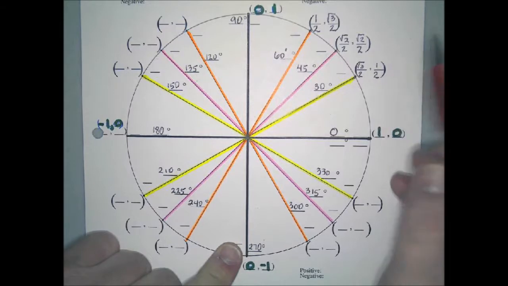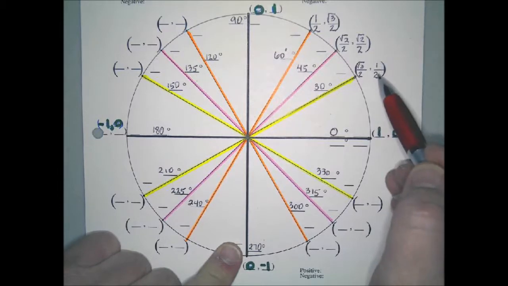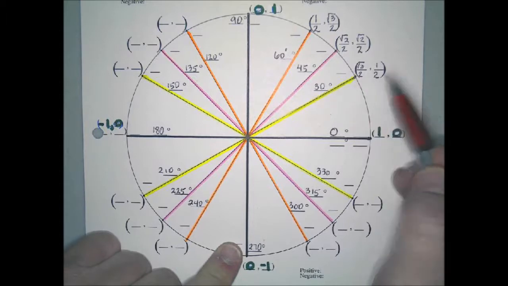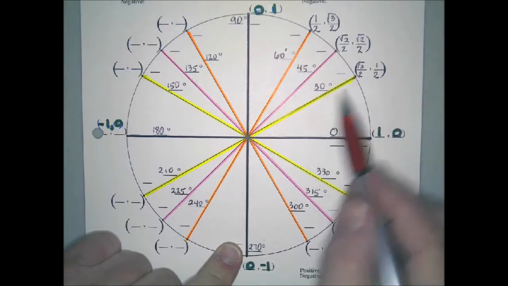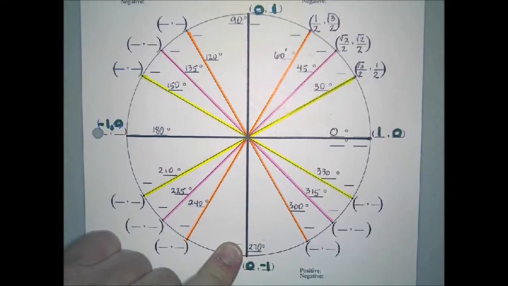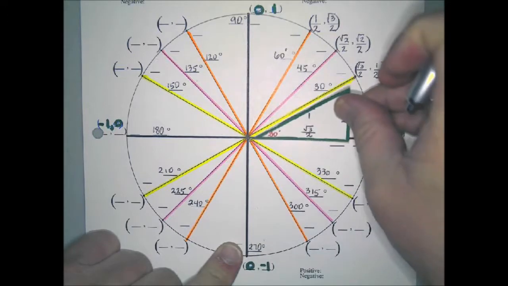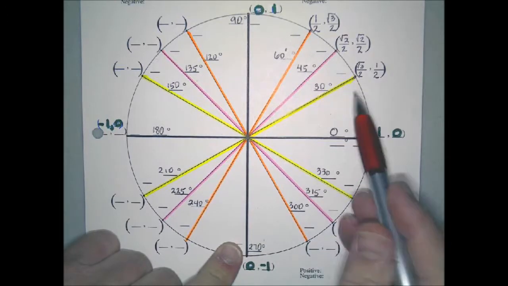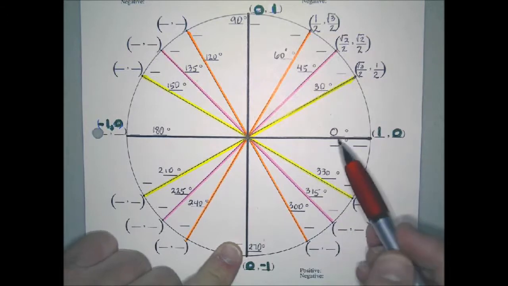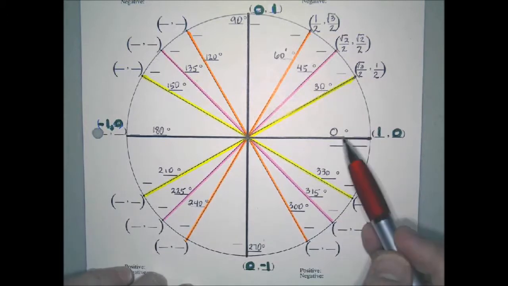Now, you notice I've only done those ordered pairs for quadrant 1. Well, let's go back to the 30 degrees right here. Think of all the other 30-degree triangles that are in this unit circle.